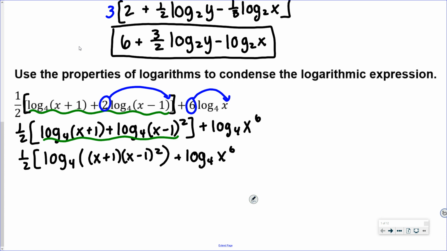This should be a. Then we can put this 1/2 power in this log, and let's just rewrite it as a radical. So that'd be the square root of all that.